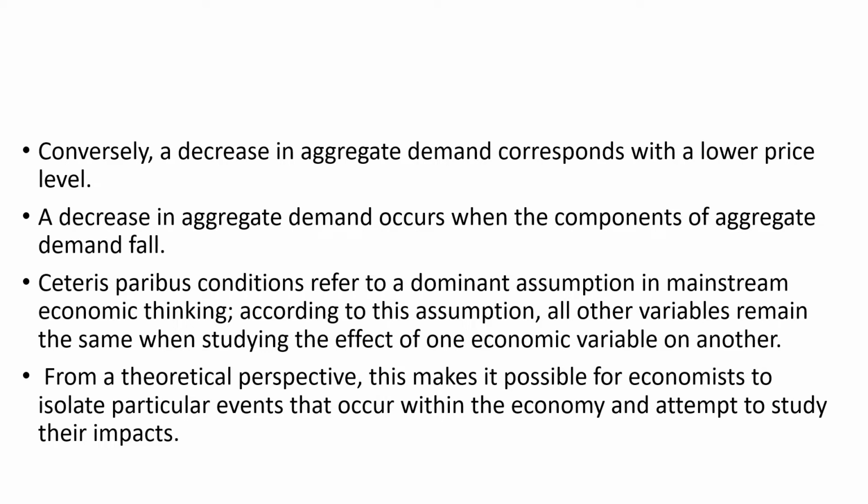A decrease in aggregate demand can occur when the components of aggregate demand fall, making all the other things influencing aggregate demand constant, or by taking the ceteris paribus assumption. This refers to a dominant assumption in mainstream economic theory, right? So we have to consider this when we go for understanding the relationship between two variables.